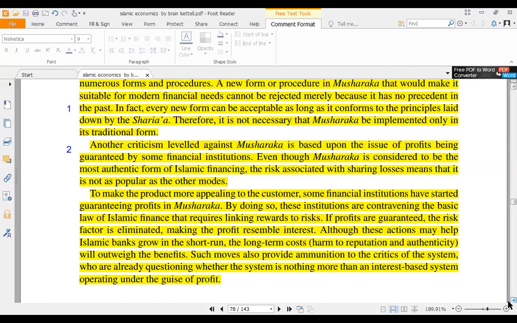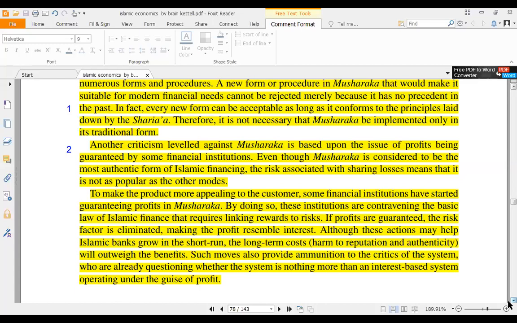Now Islamic scholars report that to make any product of Musharaka appealing for the customer, some financial institutions introduce granted profit in Musharaka to make Musharaka more appealing for the customer.